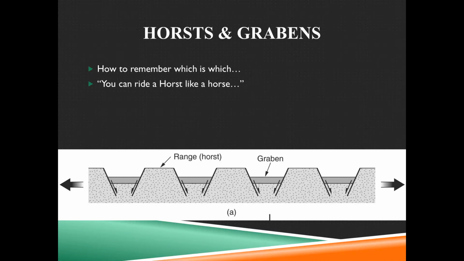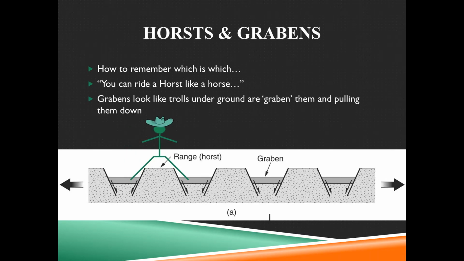You can ride a Horst like a horse, and Grabens look like little trolls under the ground are grabbing them and pulling them down. So you just picture a cowboy sitting on top of that Horst and a troll grabbing it and pulling it down.